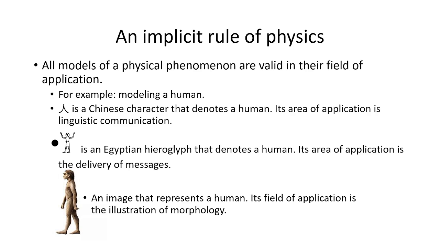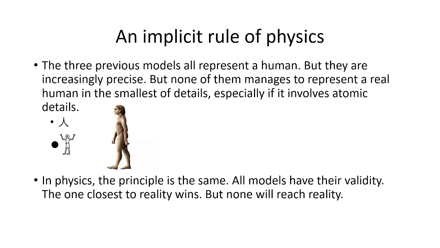Its area of application is the delivery of message. The third one is an image that represents a human. Its field of application is the illustration of morphology. These three previous models all represent a human, but they are increasingly precise.